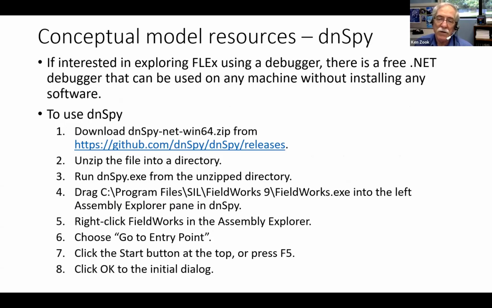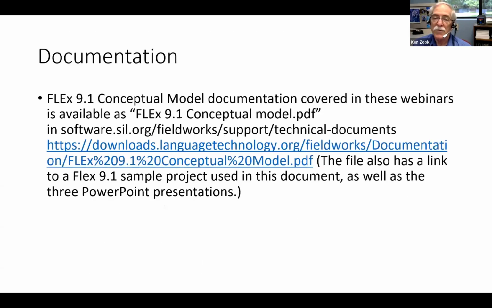You just download it, unzip the file, and then run it from a file inside the zip file. These are the instructions that let you start Fieldworks in the debugger and start to use it. So that can be useful at times.